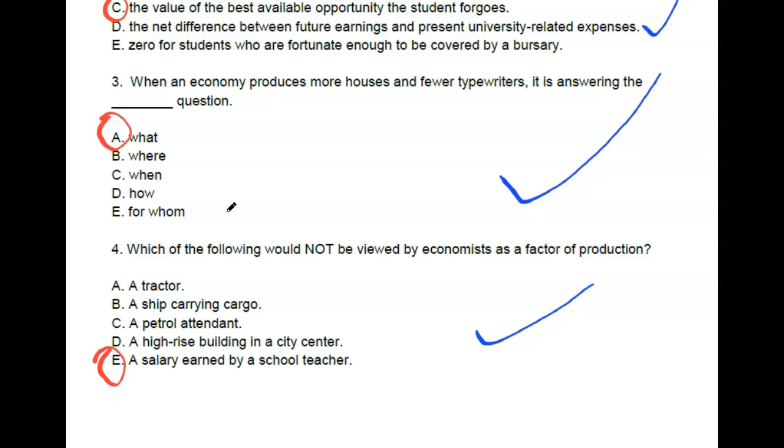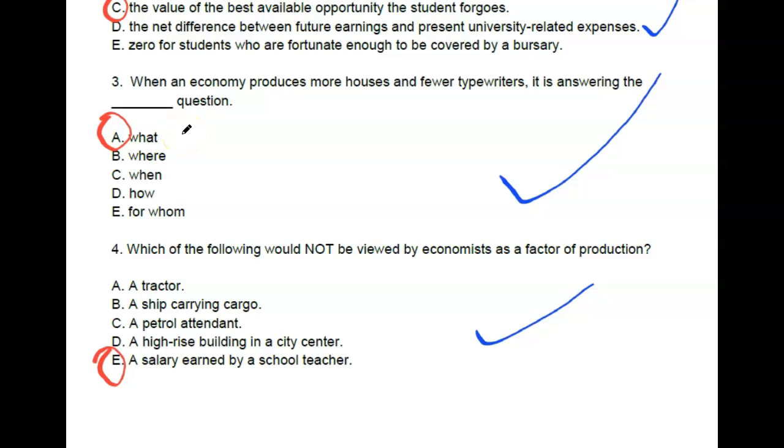Because you need to know. If you're setting up in a rich country and you supply only poor products, nobody's going to buy from you. So whenever they ask you something about money, like between the different levels of income, it'll be for whom. But if they're asking what products to produce, whether it's typewriters, it'll be what, right? Anytime they ask something about the income of the consumers, it'll be for whom. But here they're asking what product to produce, so it's what.